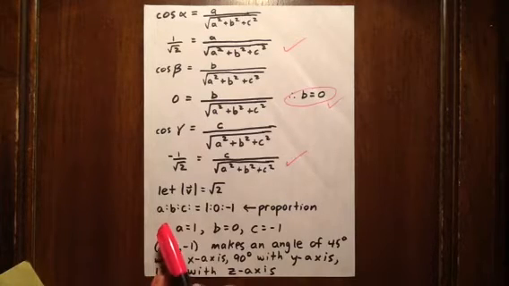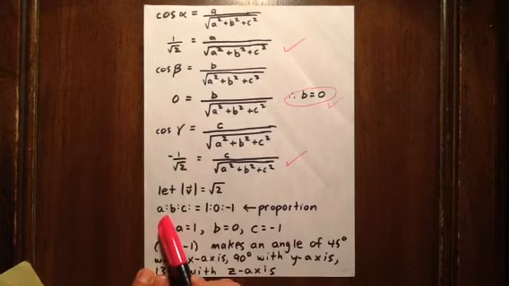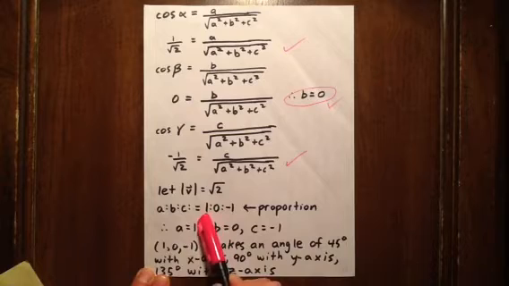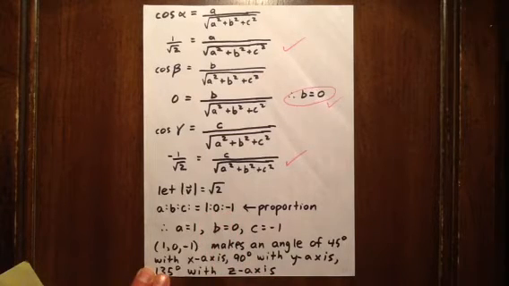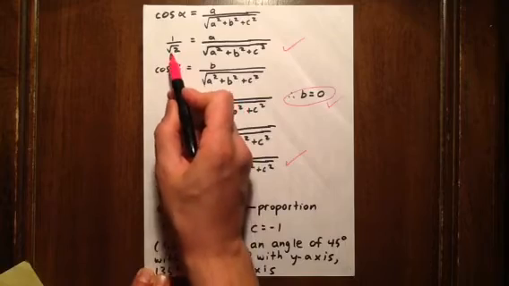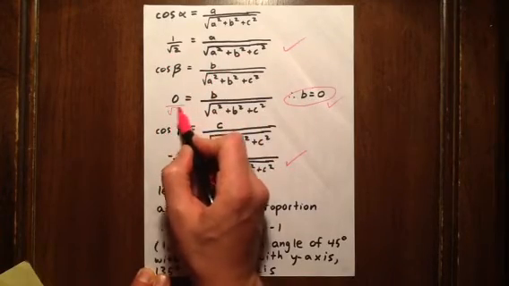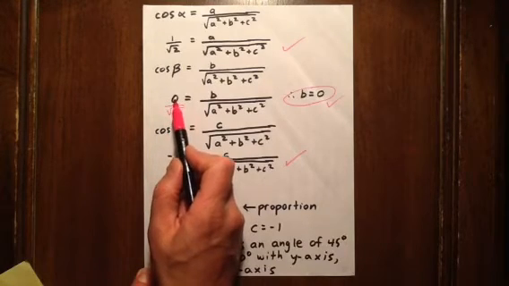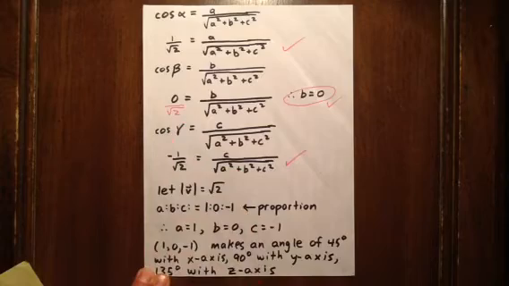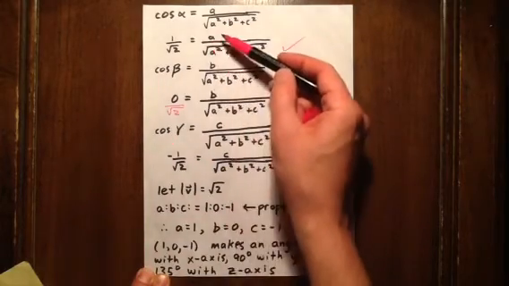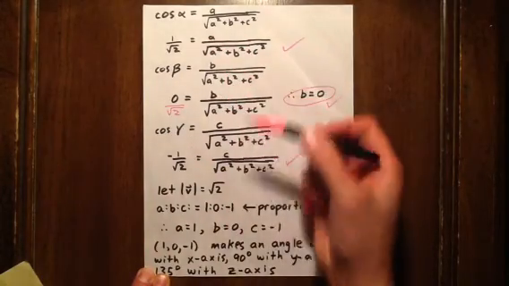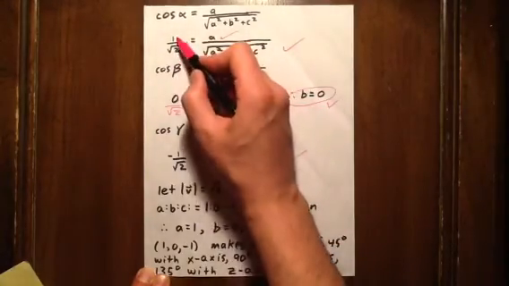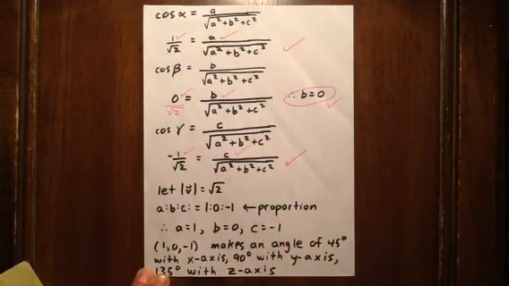Now, we can tell that the a to b to c ratio must equal a ratio of 1 to 0 to negative 1, because letting root 2 be our magnitude, we can think of the direction cosine for the y-axis being 0 over root 2, and that means that our a to b to c ratio has to be 1 to 0 to negative 1.